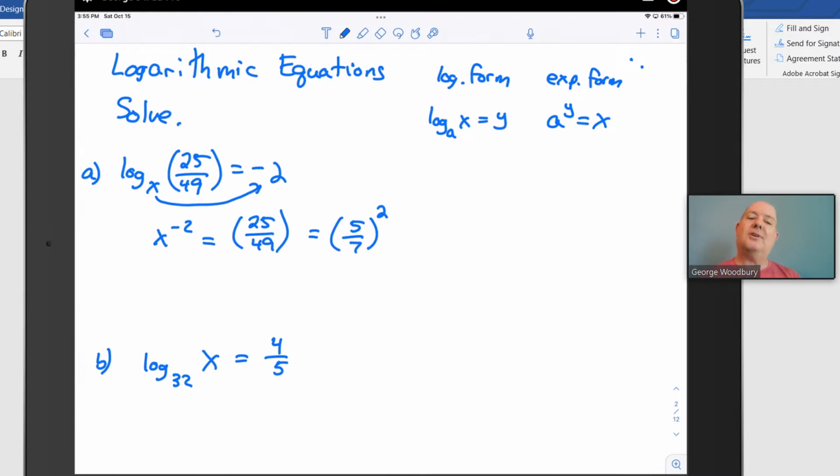The exponents aren't the same yet, but I now have an idea that if I want to make that exponent a negative 2, all I have to do is invert the fraction. And so now I get x to the negative 2 equals 7/5 to the negative 2 power. And since the exponents are equal, the only way this can be is if the two bases are the same, and we end up with x equals 7/5.